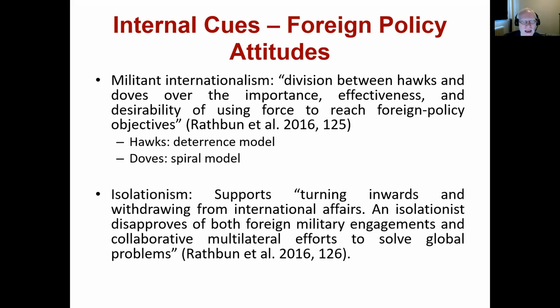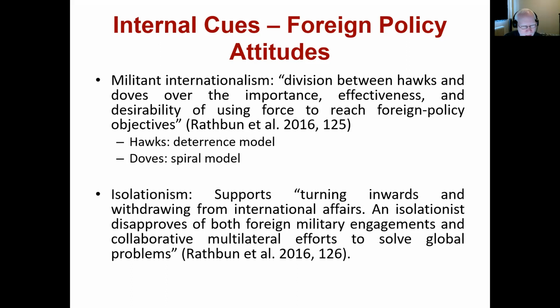Doves, on the other hand, will typically view that using military force is less important for state security, and in large part because it's often ineffective. So it can lead to greater problems than it solves. So that's militant internationalism.